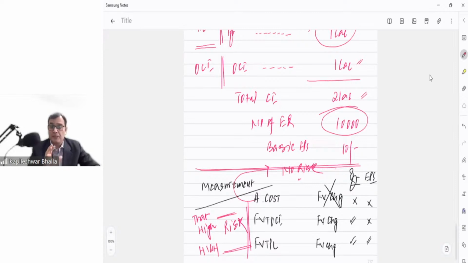But if the company is taking a risk, then we'll definitely go for a fair value approach. And if the company is taking a huge risk, then we'll suggest FVTPL. And if we consider the risk is not that high, then we're going to consider an FVTOCI approach. Let me first consolidate this picture once again to you before we take the journey forward.